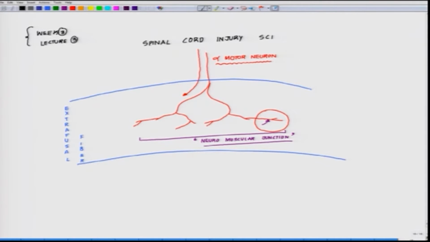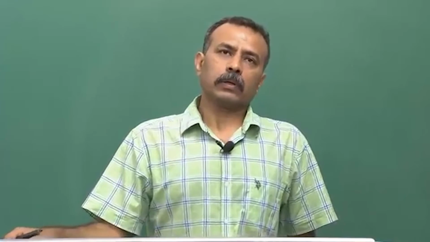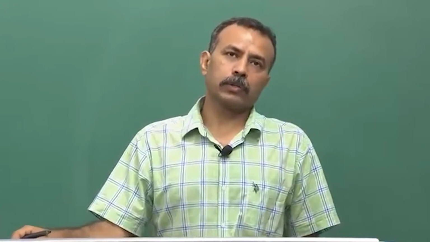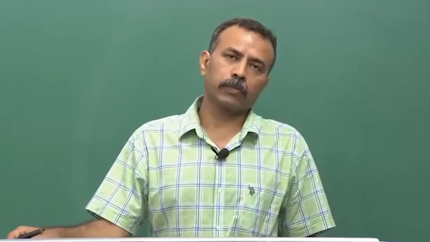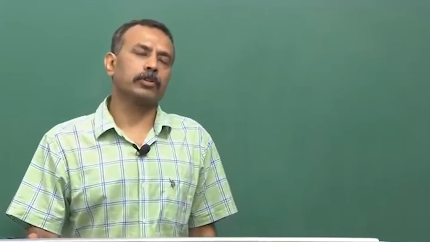So at the neuromuscular junction, let's look at how it really looks. We have already talked about the signal originating from the muscle spindle, going to the spinal cord, bifurcating into the alpha and the gamma motor neuron.